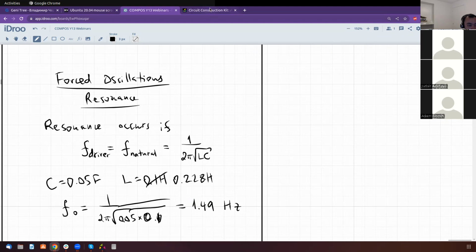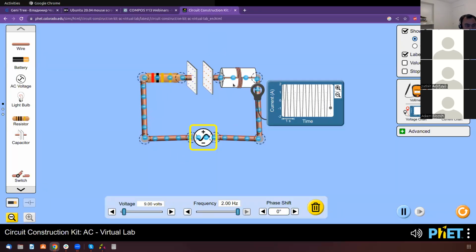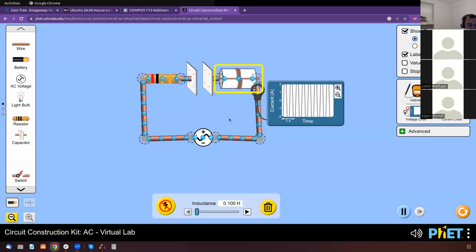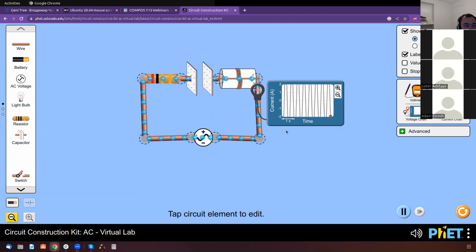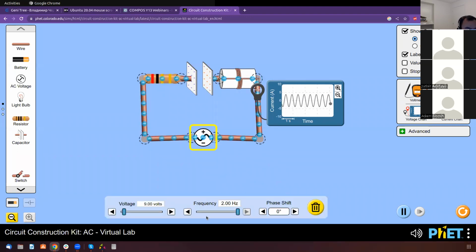So let's have a look. We need to change the inductance to 0.228, and now we need to change the frequency to 1.49.